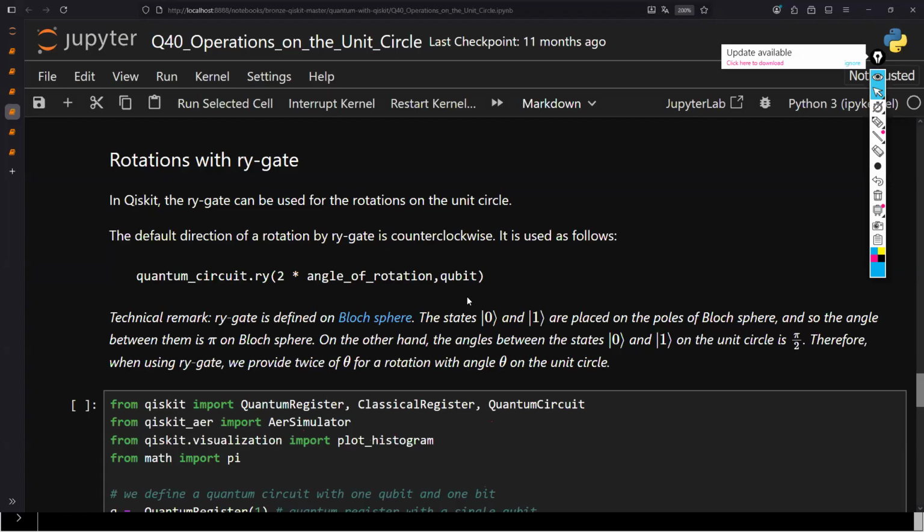So that's why this rotation is applied over the y-axis, because we don't see from our representation on a unit circle that only involves real numbers. That is why we have this y gate here, the rotation y gate. Okay, and if we want to rotate, we have to pass in the double of our angle.